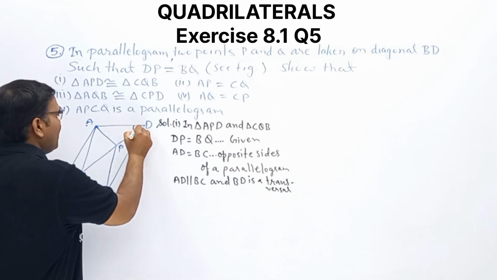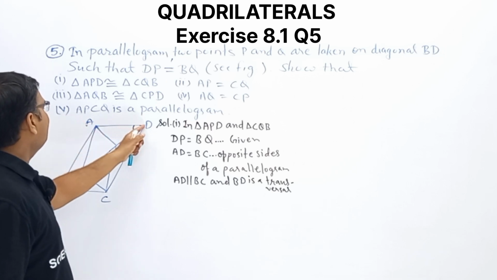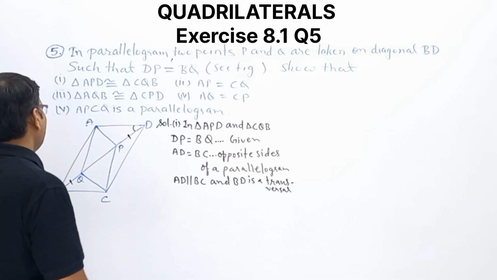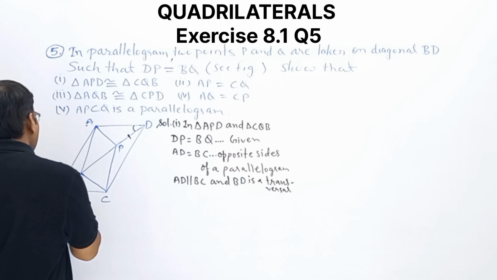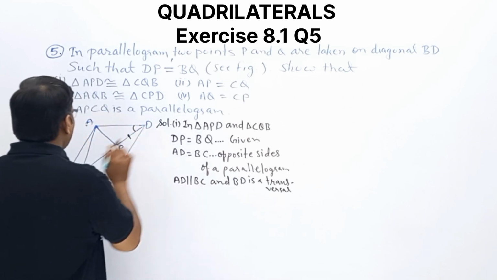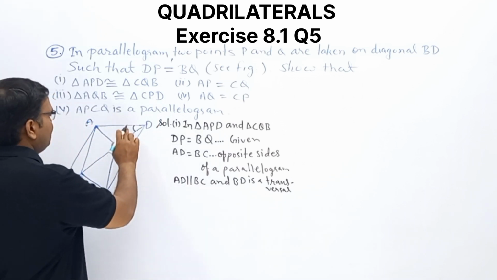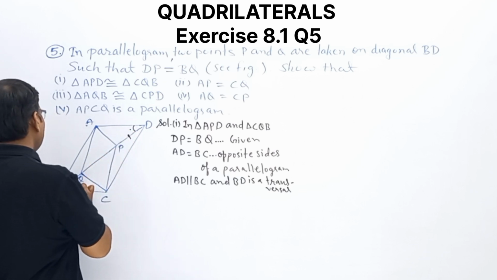So this angle ADP will be equal to angle QBC. AD is parallel to BC and BD is a transversal, then this angle will be equal to this one.